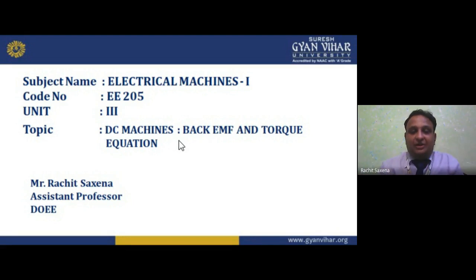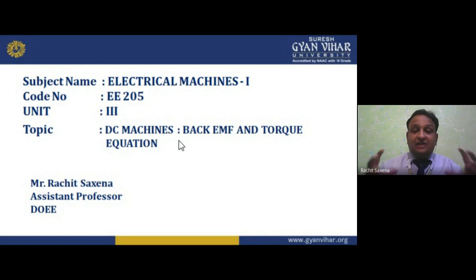In the starting of this unit number 3, I told you about the construction: yoke, field pole core, pole shoe, pole winding. Pole shoe is also known as pole face. Then we have the armature, with conductors placed in its slots, the armature core in a cylindrical structure, and the shaft on which the armature is mounted.